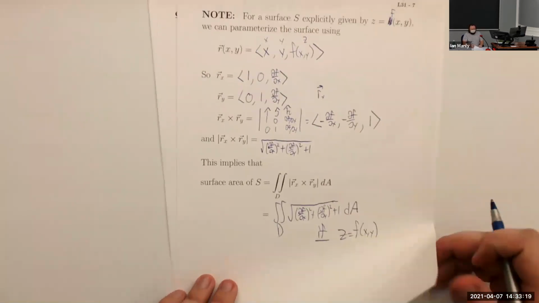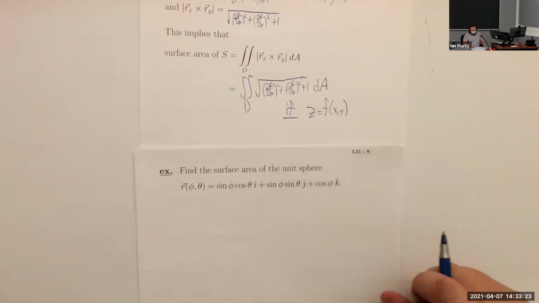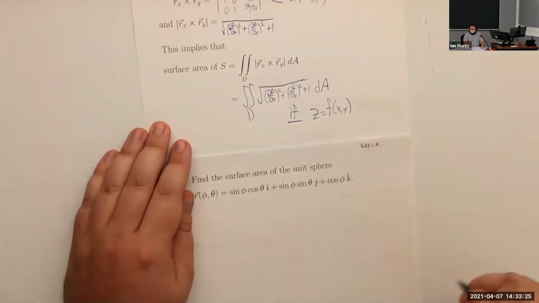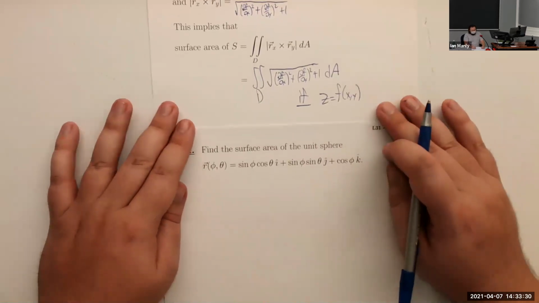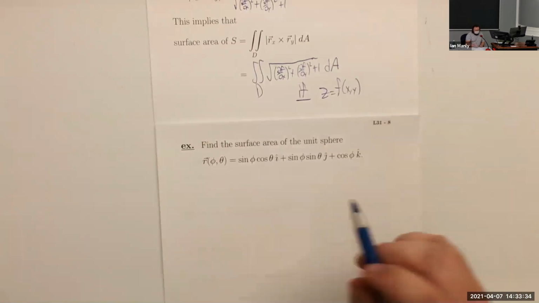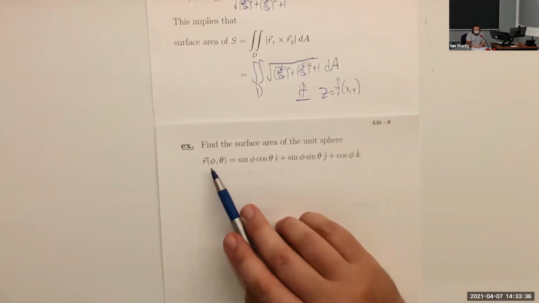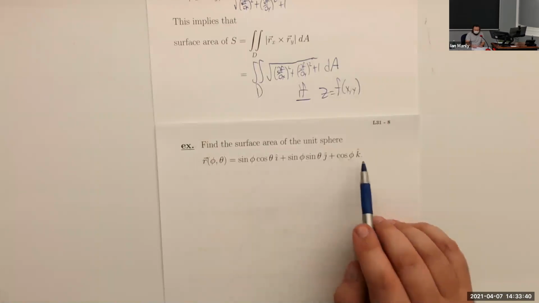All right, enough about the theory though. Let's go ahead and actually use this to find a surface area. And I want to draw a picture, and I think it'll make the derivation of that formula look a bit more understandable here. All right, find the surface area of the unit sphere. So we have, and then they give us our parameterization of the unit sphere right here.